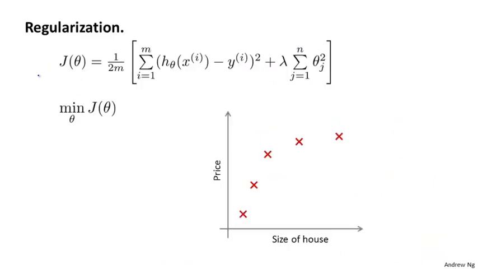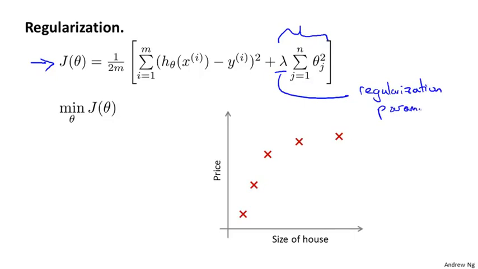Writing down our regularized optimization objective, our regularized cost function again, here it is. Here's J of theta, where this term on the right is the regularization term, and lambda here is called the regularization parameter. What lambda does is it controls a trade-off between two different goals.